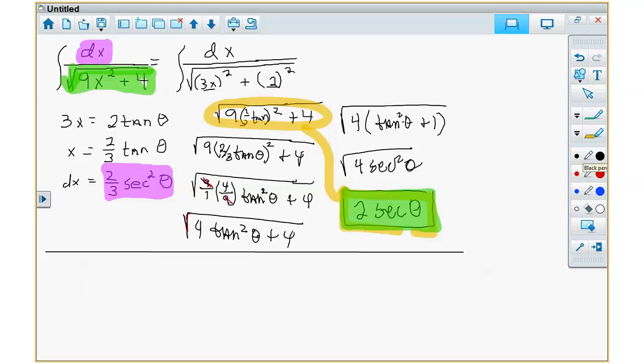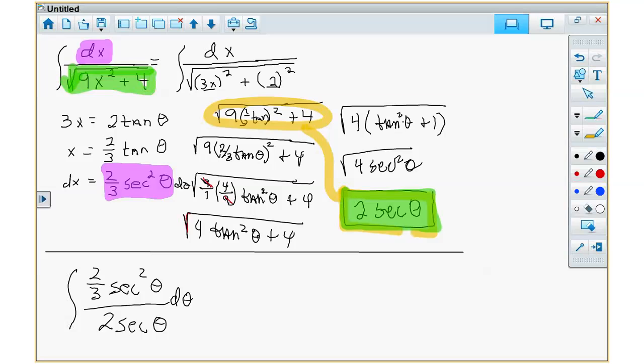The antiderivative of dx, which is 2/3 secant squared theta over 2 secant theta. And of course, that d theta is supposed to be right here. Sorry.